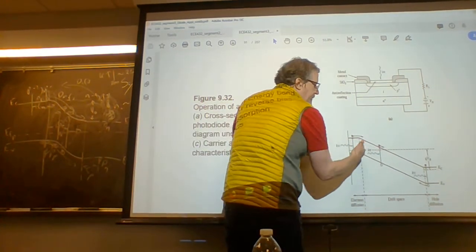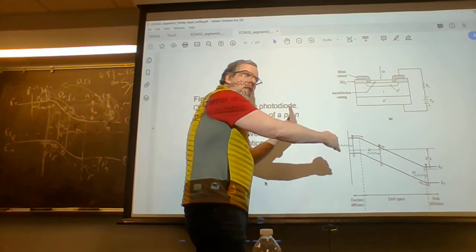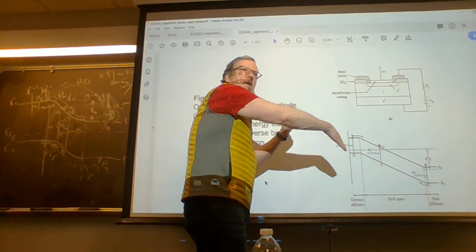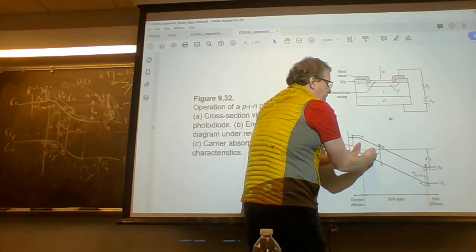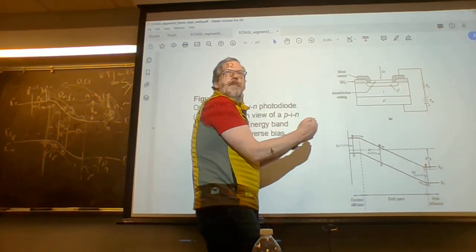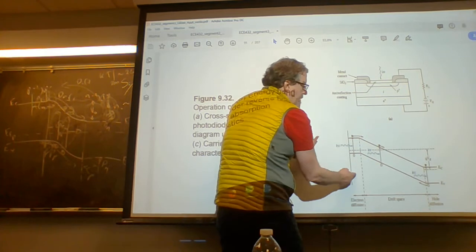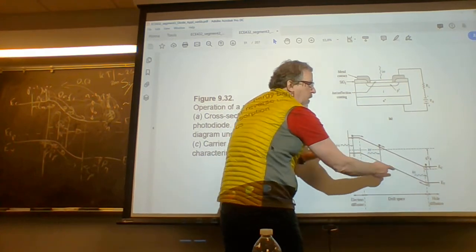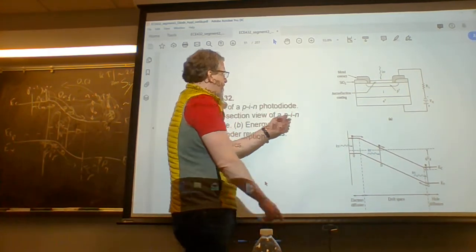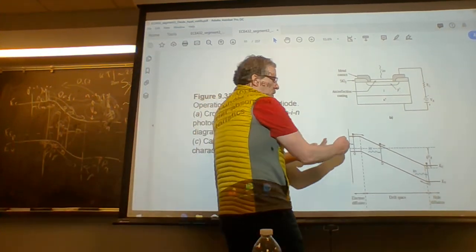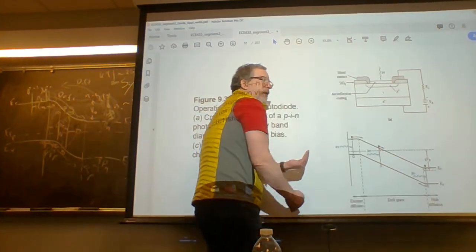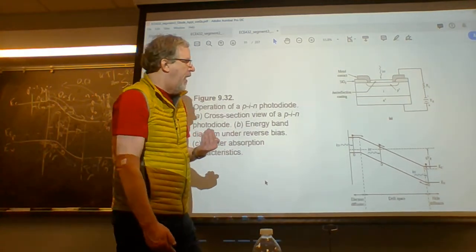I want to collect, remember the light is attenuating as e to the minus alpha x, right? So I need to make the semiconductor 1 to 2 microns thick. So that's why I do a PIN, right? A PIN photodiode. I used to build these all the time. It leads to a lot longer collection length, so I can collect a lot of the light.